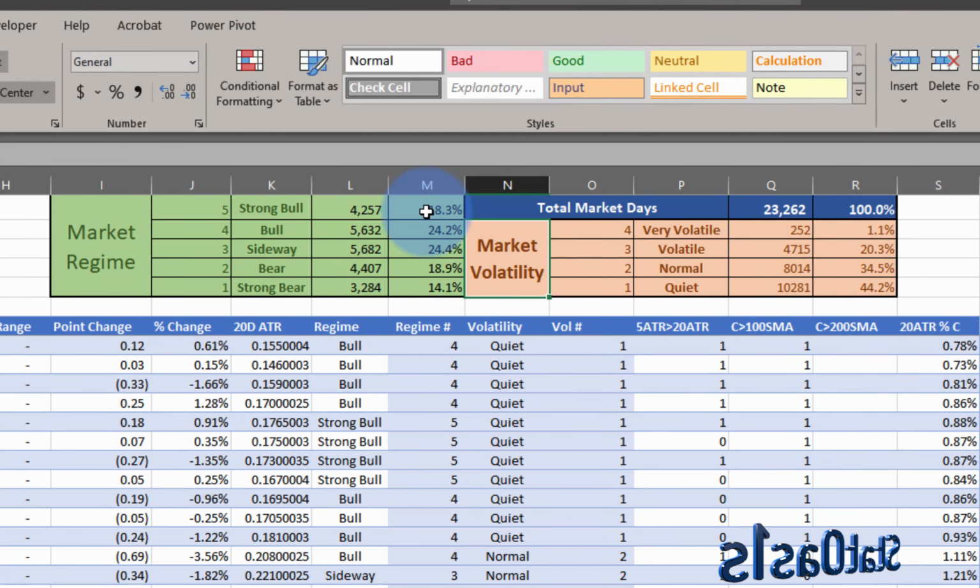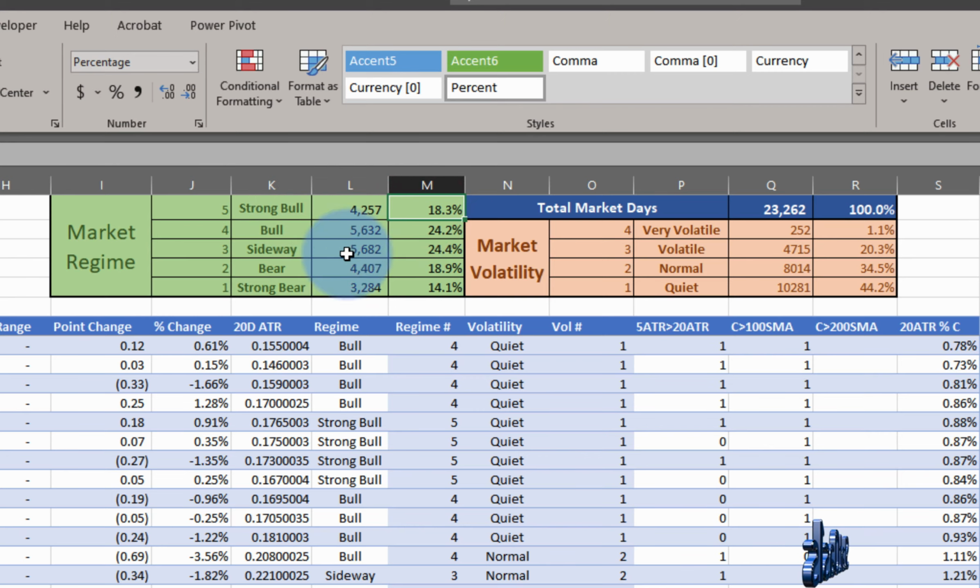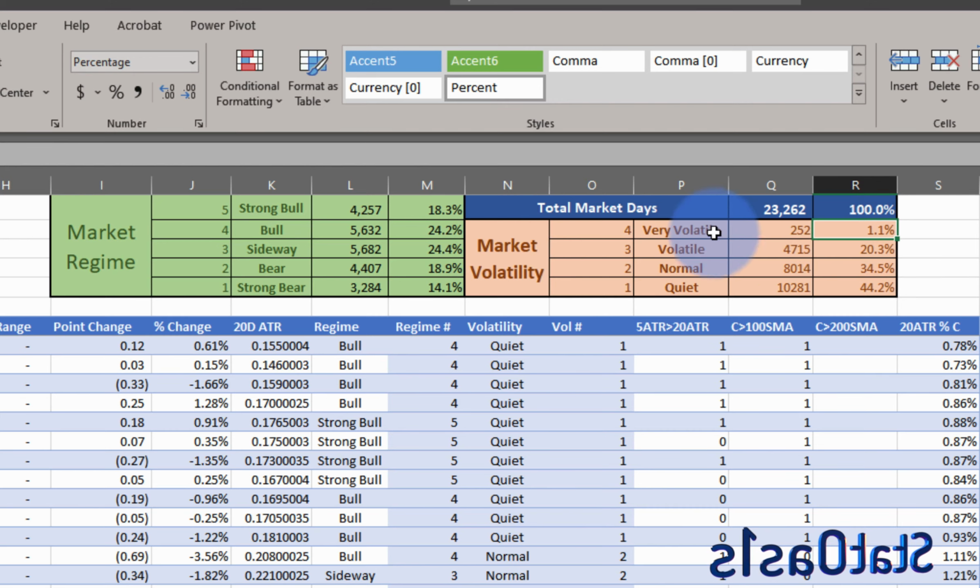So you can see the S&P 500 spent 18% in strong bull, 24% in bull. So combine these two, that's 42%. So 42% in bull market and 33% in bear market, and the rest sideways. And then it spent only 1% very volatile, 20% volatile, and you combine these two, it's 21% volatile, and let's say the rest is 78% quiet.